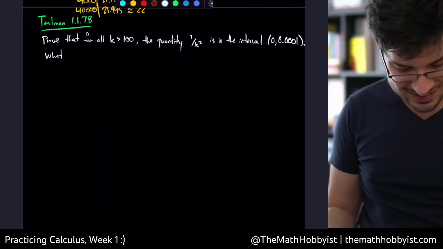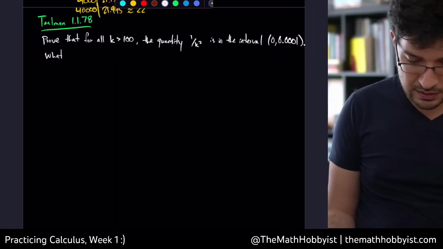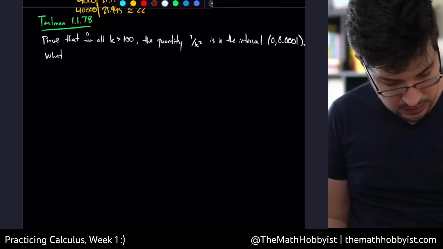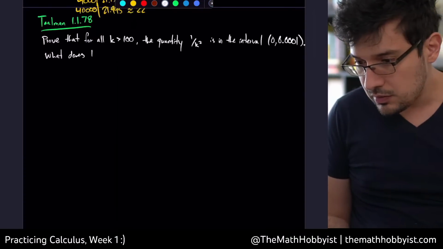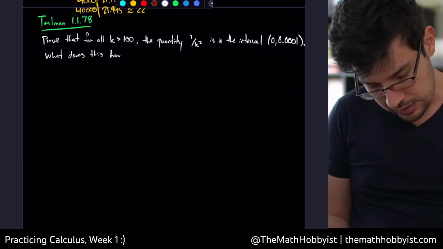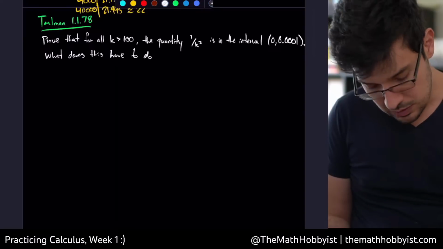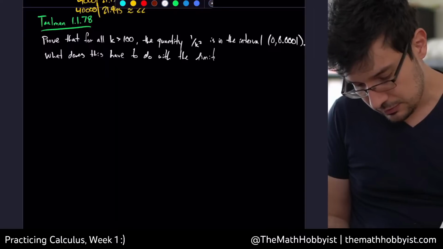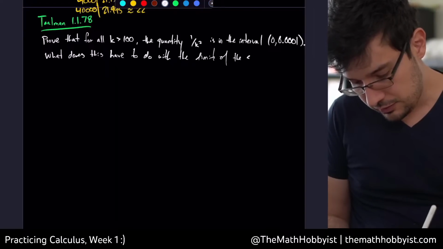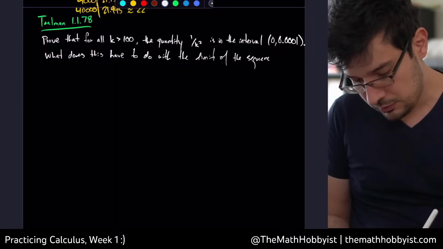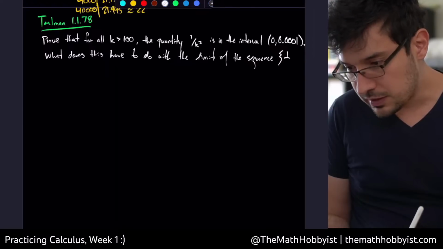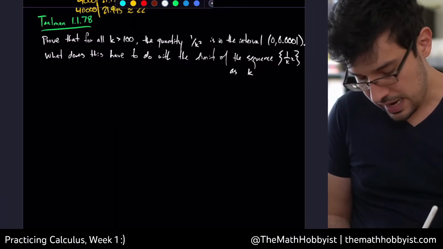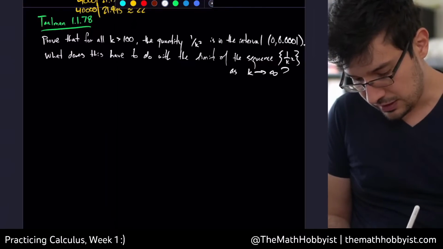How are you? The quantity 1 over k squared is in this interval for all k greater than 100. What does this have to do with the limit of the sequence 1 over k squared as k tends to infinity? Cool.